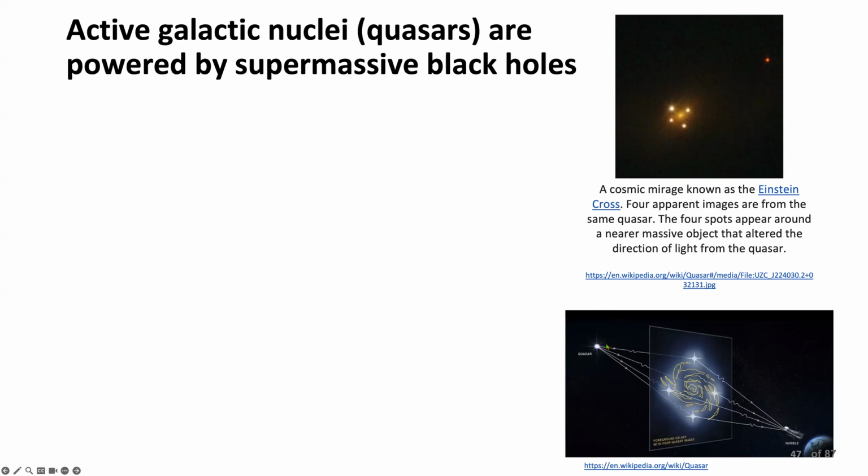The radiation from that time when it was active is still propagating toward us. And if an intervening galaxy is aligned just right, we see multiple images of this object. That's what's happening here. The light from the quasar gets deflected to our telescope here at Earth. And so now, because we have these wonderfully capable space telescopes, we can see these kinds of objects all over the sky.